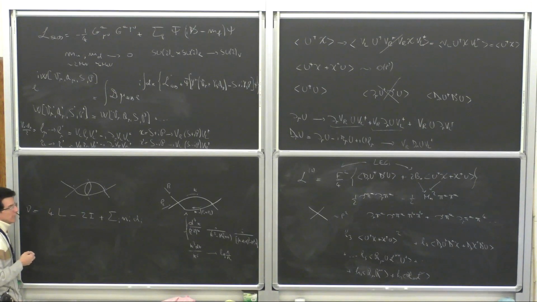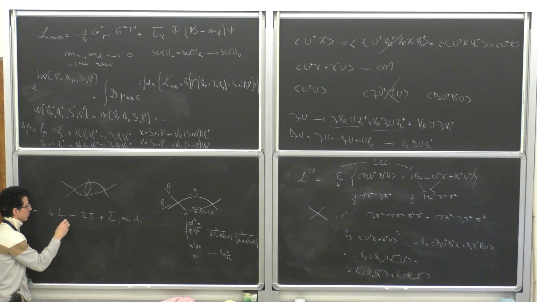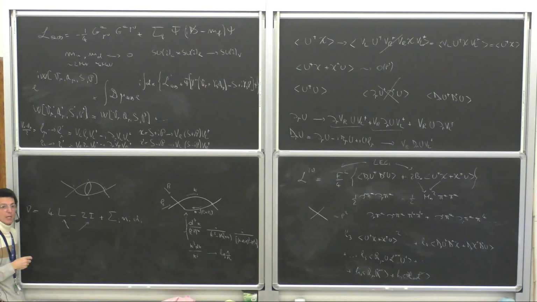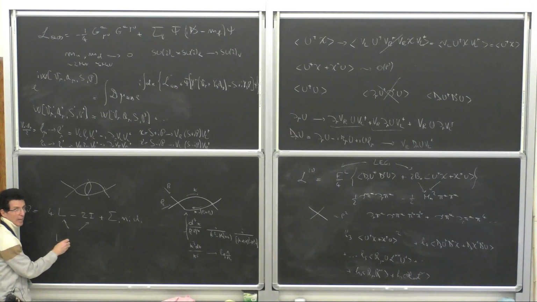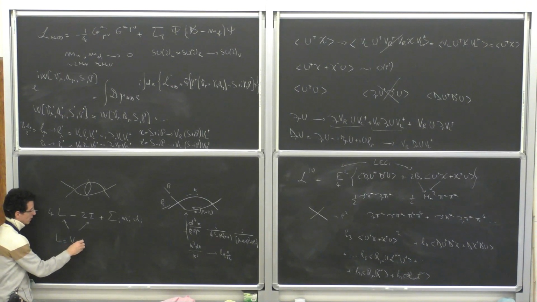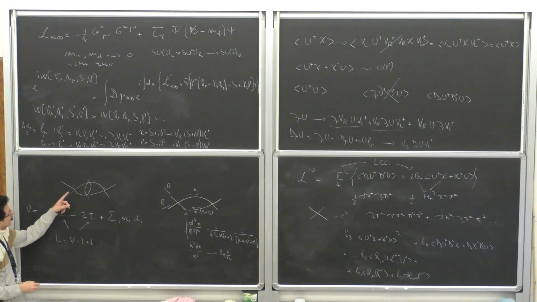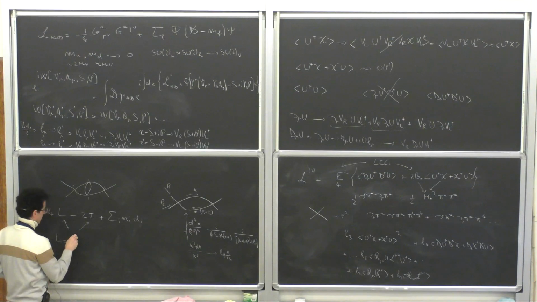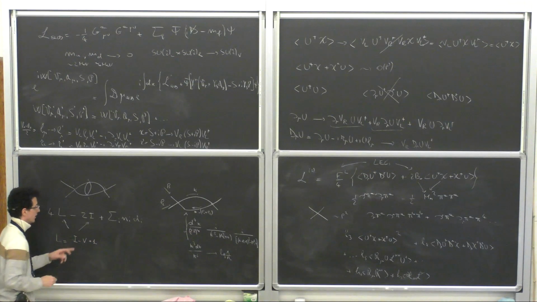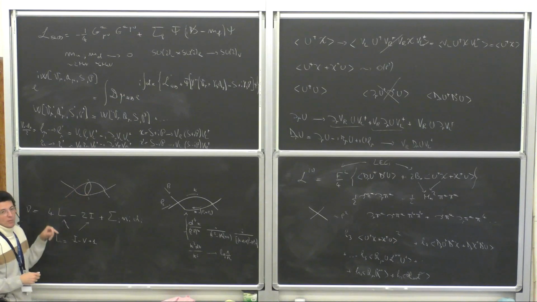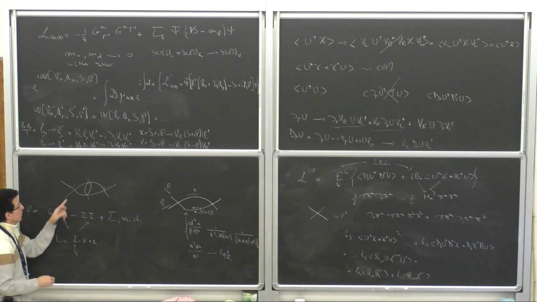And for any diagram there is a topological relation which relates the number of loops, the number of internal lines, and the total number of vertices. I never remember, but let us try: L is equal to I minus V plus 1. In this example, the number of internal lines is 1, 2, 3, 4, 6, 7, that is 7. The number of vertices is 4.